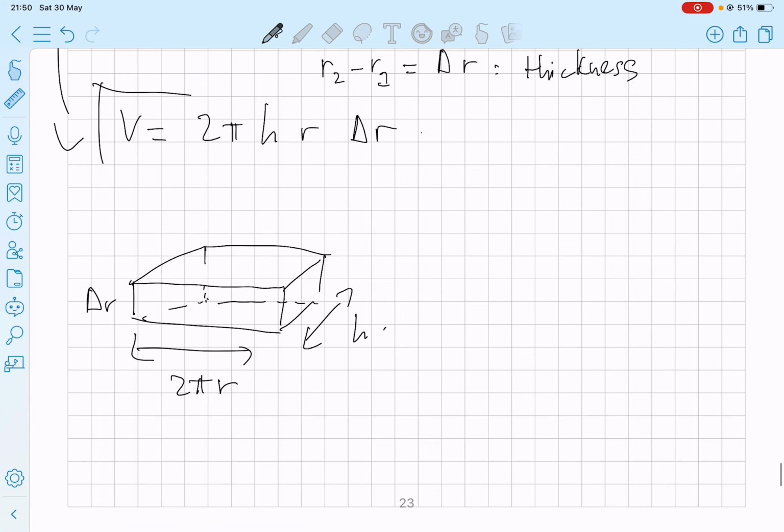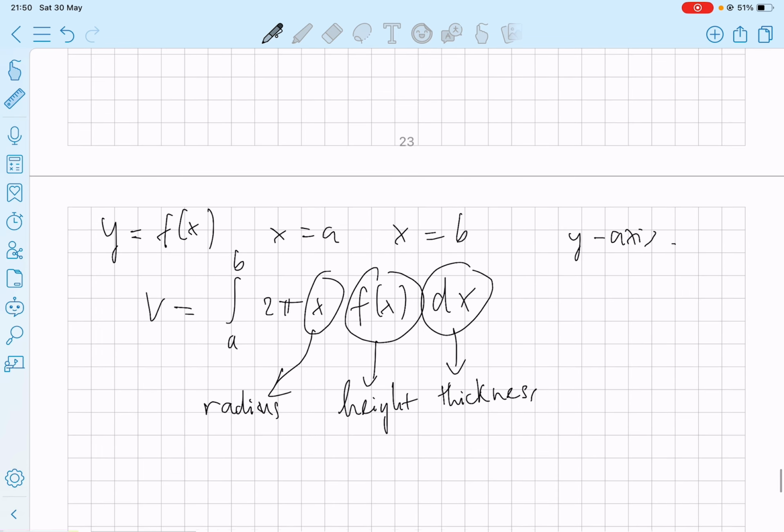So this is exactly this one over here: this is the height, this is the radius, and this is the thickness. It is the same as the thing that we have over here.